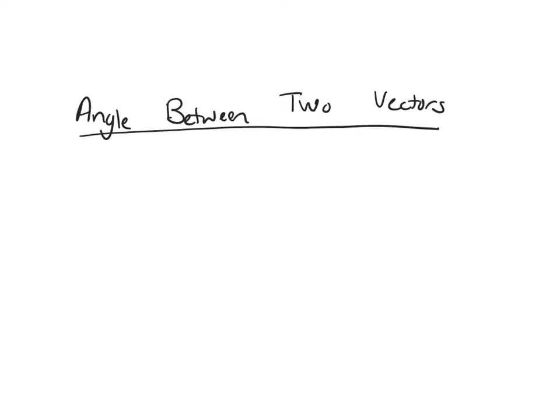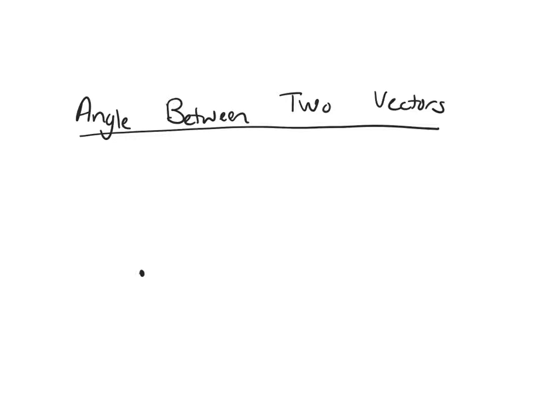Let's talk about the angle between two vectors. So we're going to imagine that these vectors here have the same initial point.